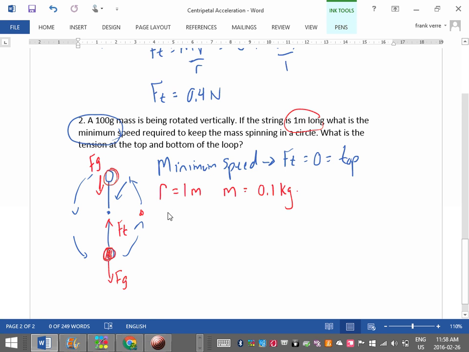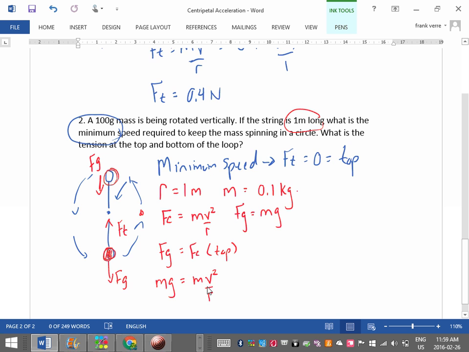So, if the centripetal force is mv squared over r, at the top, the only force acting is what? Gravity. And we know what the formula for gravity is, don't we? It's mg. So we can set these two equal to each other and say, at the top, mg has to equal mv squared over r.